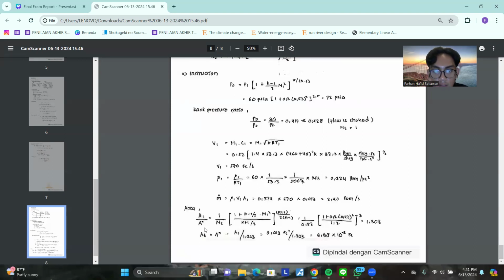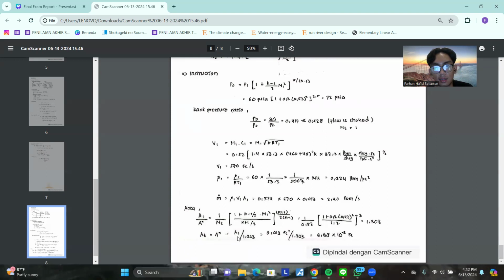Then we can conclude that A1 per A star equals 1.303, and we know the AT is equal to A star.